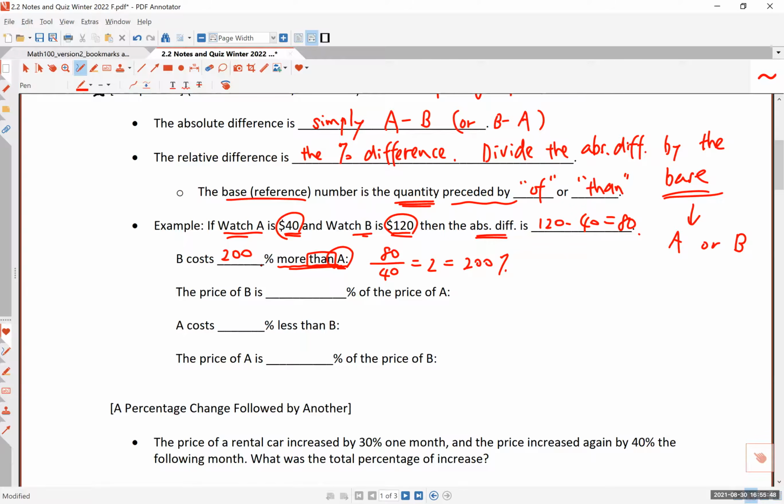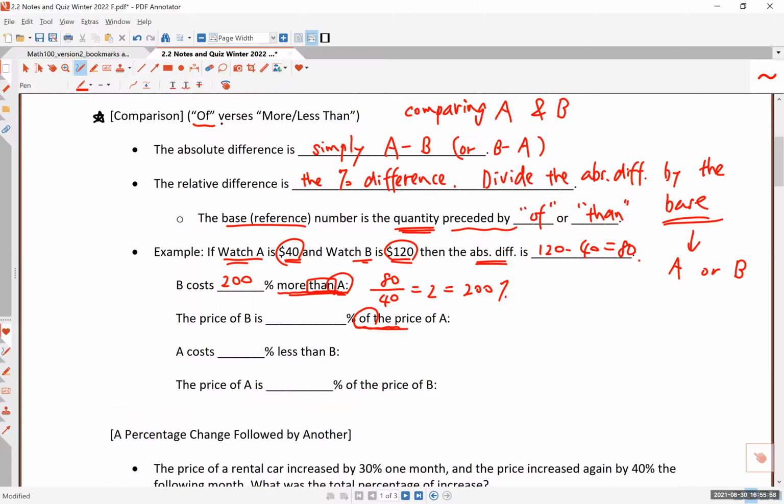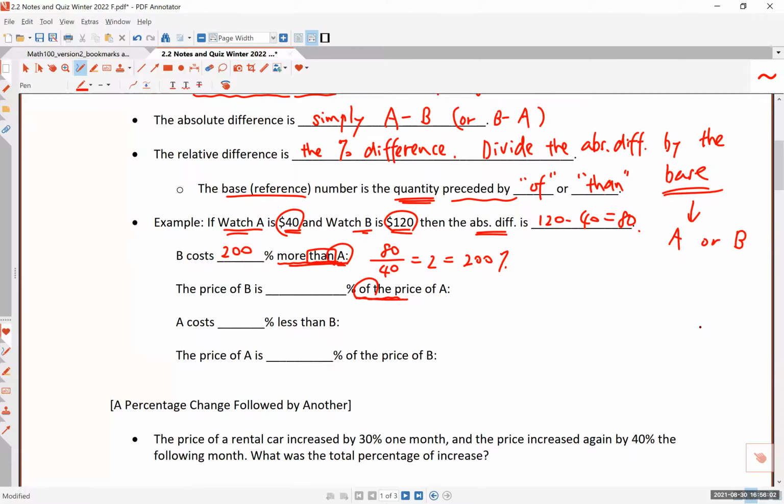The price of B, however, is what percent of the price of A? And this time it's not more than, it's of, okay? And that's why this part is called of versus more than. When you say the price of B is what percent of the price of A, this time we don't use that absolute difference because now we are comparing the price of B and the price of A. The price of B is 120, the price of A is 40.